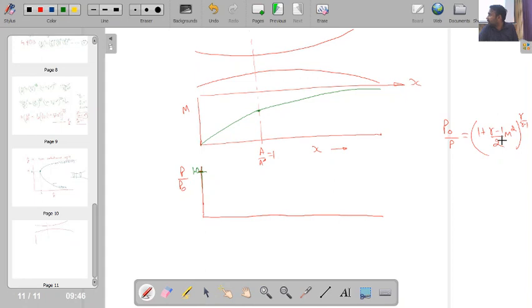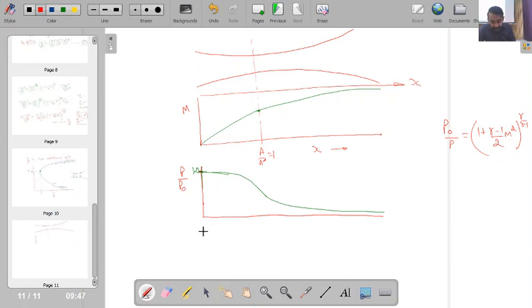So as Mach number is increasing, I will be finding that this pressure will keep on decreasing. So we will get a variation of pressure something like this. Is this one clear? So this is how pressure varies in a nozzle.